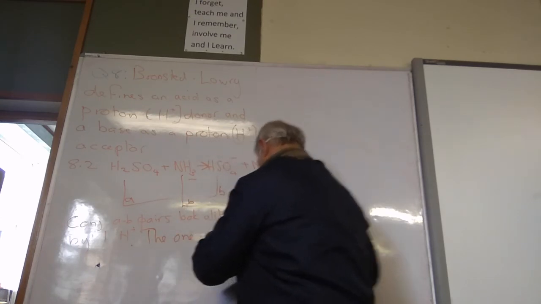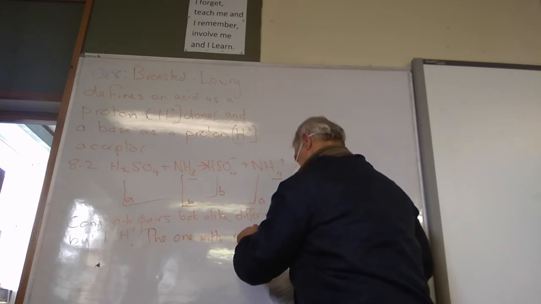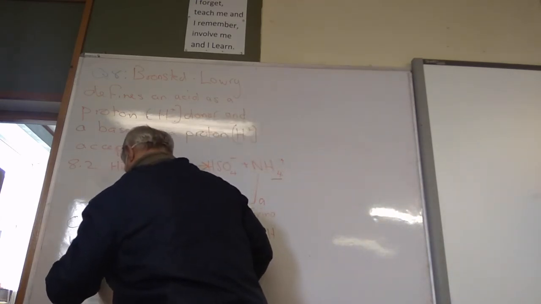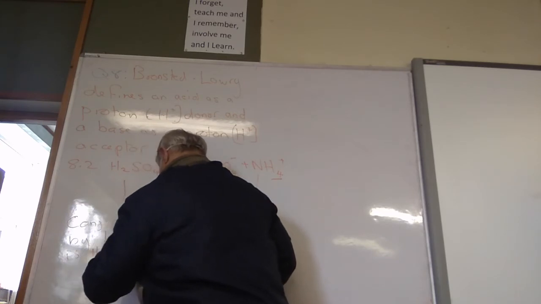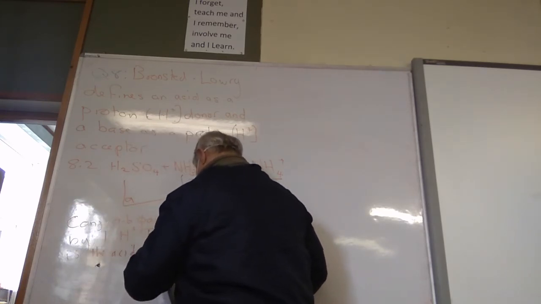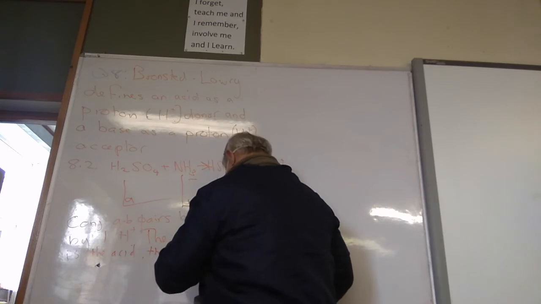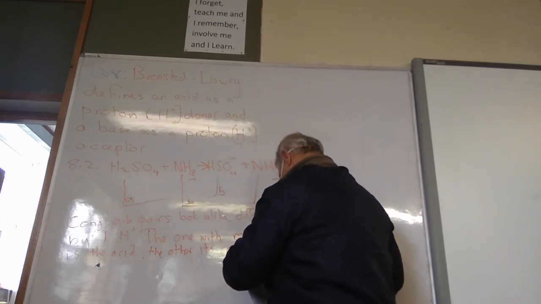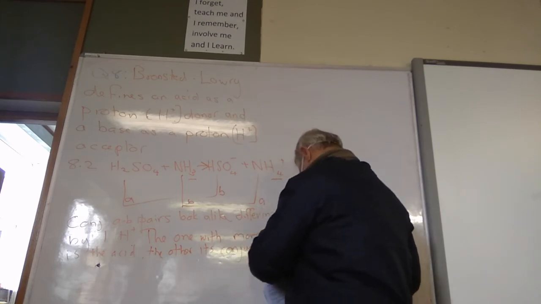Okay, H2O plus H2O goes to form H3O plus and OH minus. Which one's the conjugate acid-base pair?